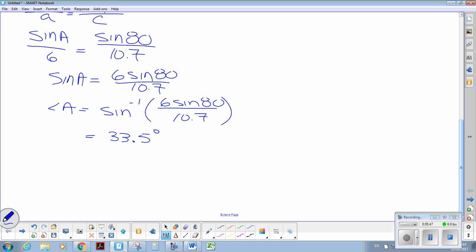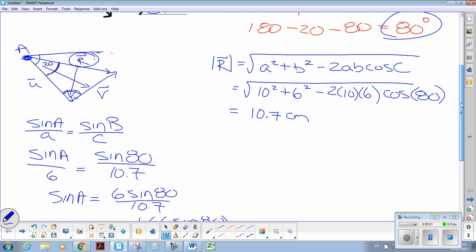When we look back at our picture, I found that my picture is actually incorrect. So the angle between these two vectors is 33.5. Sorry, one more time.